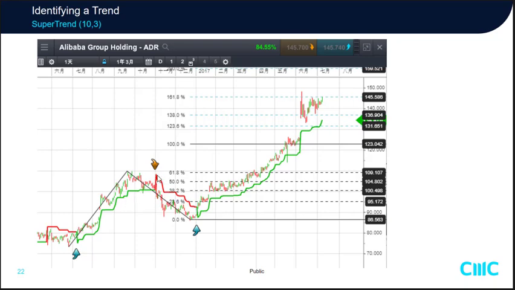What we need to look at is the turning point. When green turns to red, it gives a sell signal. And when red turns to green, it signals a buy. It works pretty well on technology companies, which are riding a huge trend. On the other side, it doesn't work in a range-bound market. When the market is ranging, lacking direction, SuperTrend doesn't work very well.